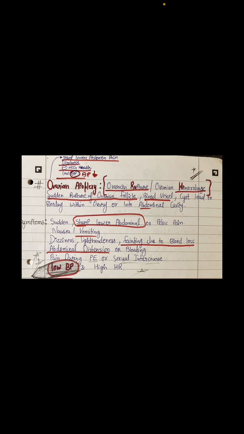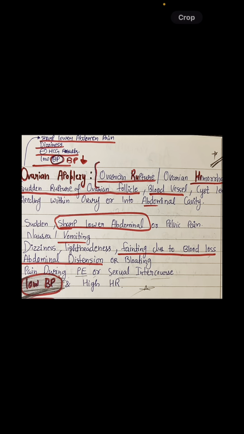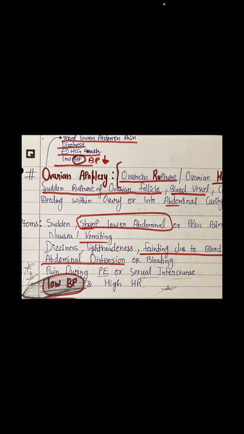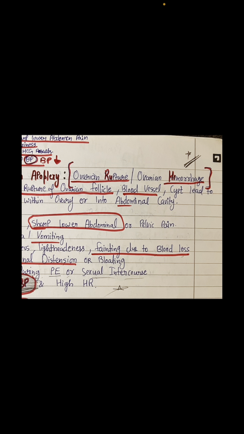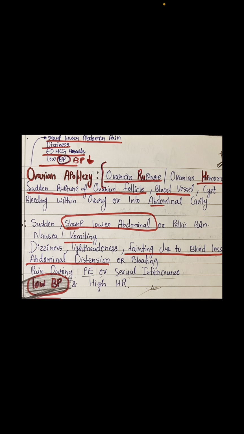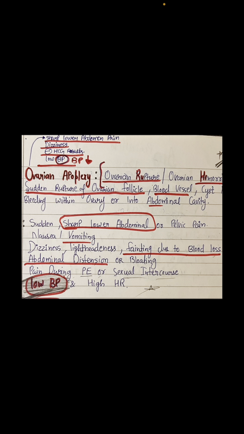Since it is an ovarian rupture, as you can imagine, when the ovary ruptures, the pain will be very sudden and sharp in the lower abdominal or pelvic area. Nausea, vomiting, dizziness, lightheadedness, fainting due to the blood loss. If the blood loss is severe, the patient can have syncope. Abdominal distension or bloating, pain during physical activity or sexual intercourse.